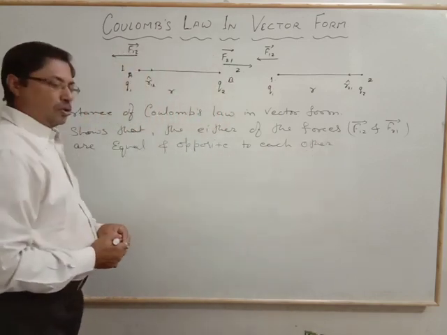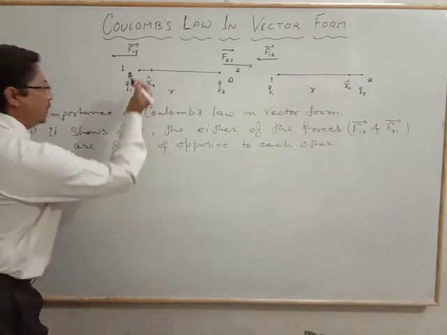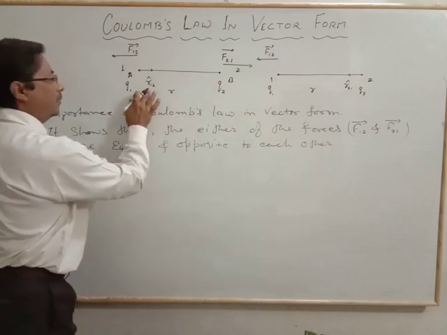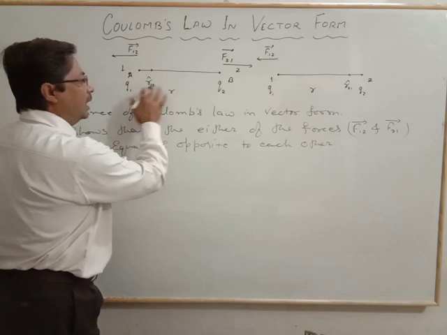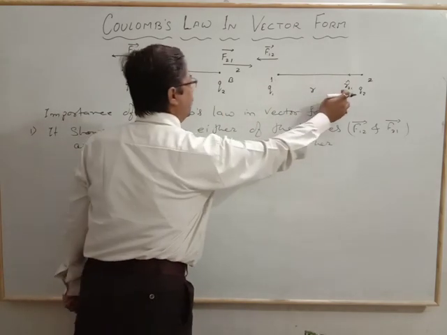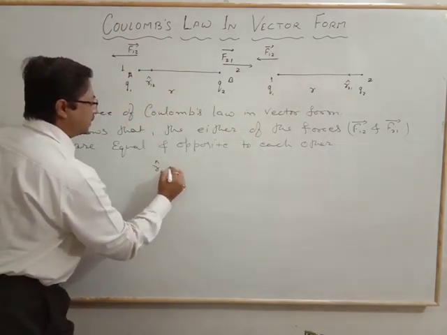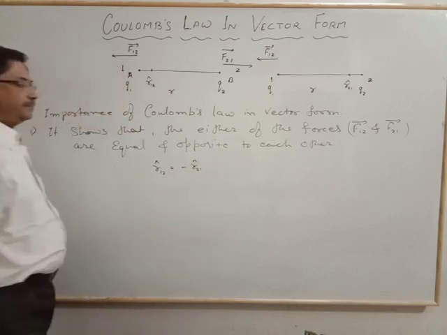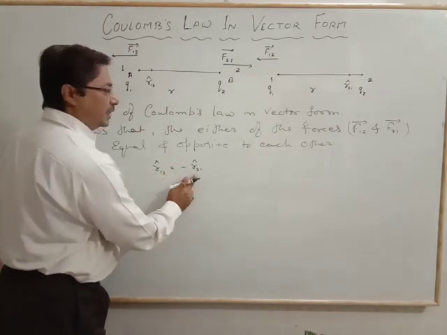How is it? On that particular point we will see, we know that the unit position vectors are both equal. Unit means it has a unit value, and the direction is opposite, one from 1 to 2, another from 2 to 1. So in that case R12 unit vector is equal to minus of the R21 unit vector. Both are equal by magnitude and have opposite direction.